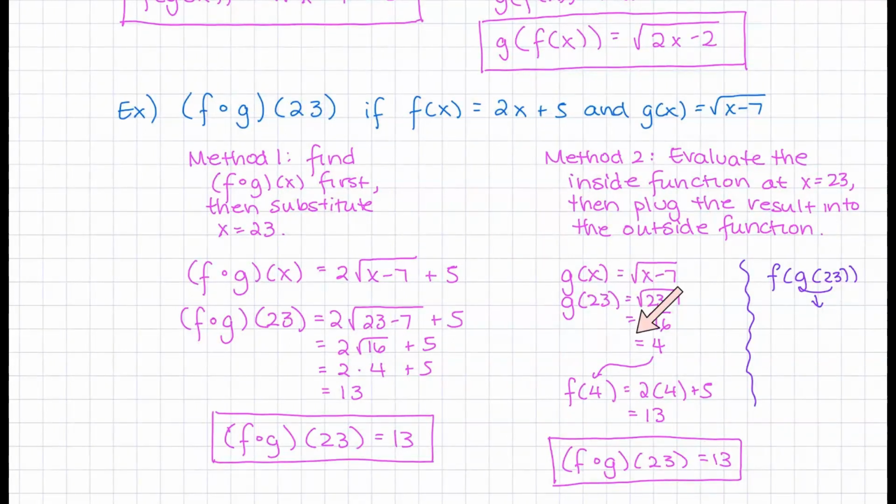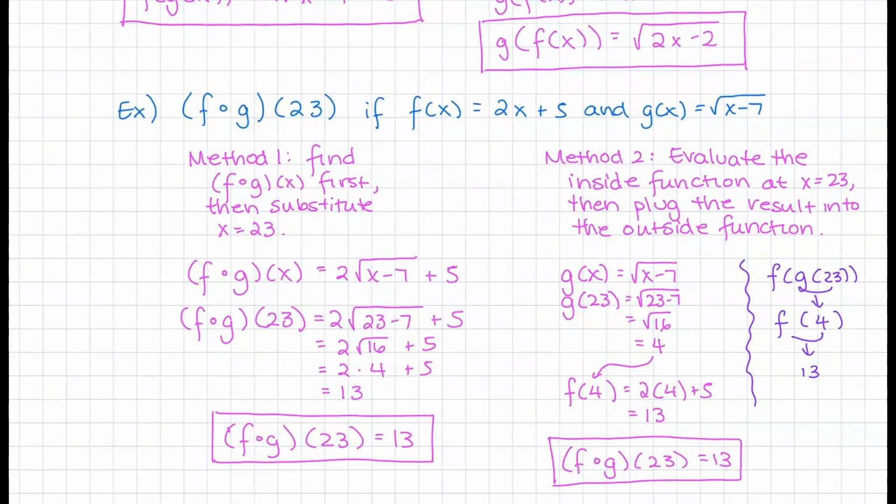G of 23 was 4 because we plugged in the 23 into g. But then the output of g becomes the input of f. We put 4 into f. And then that gave us 13. So that's why method 2 works and makes so much sense, because that's exactly what the composition notation is saying.